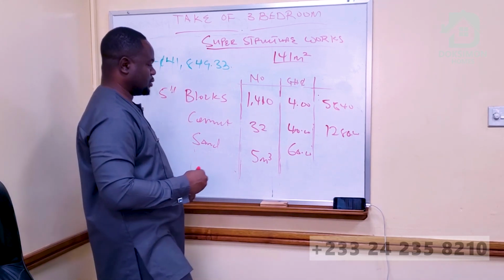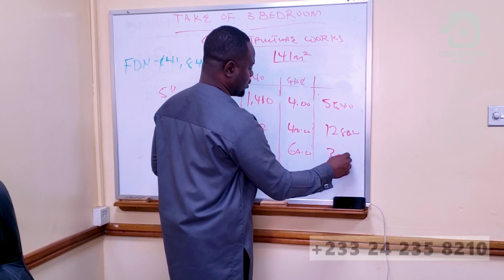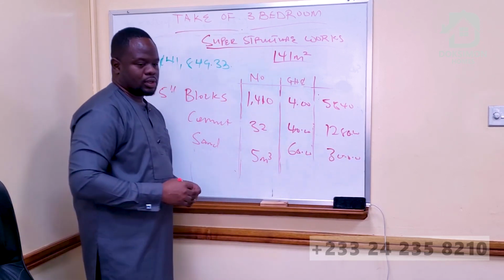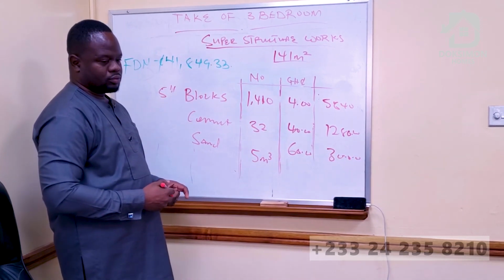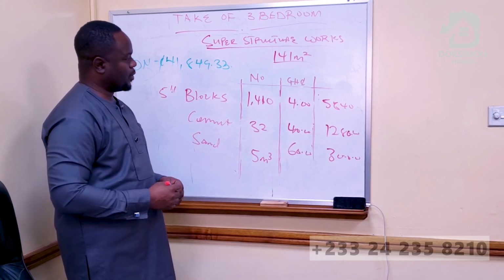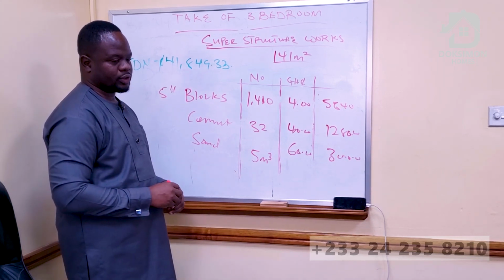Then the sand is just 300 cedis. Okay, so this gives you the block work that goes into it.